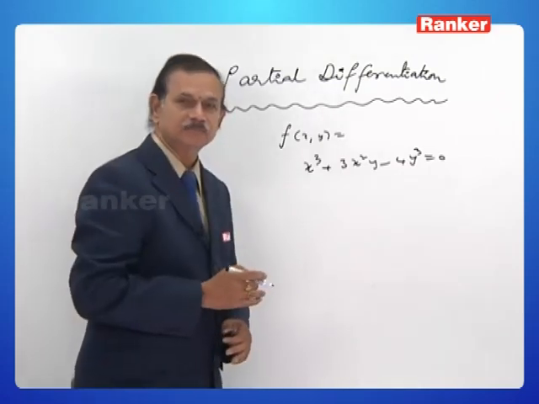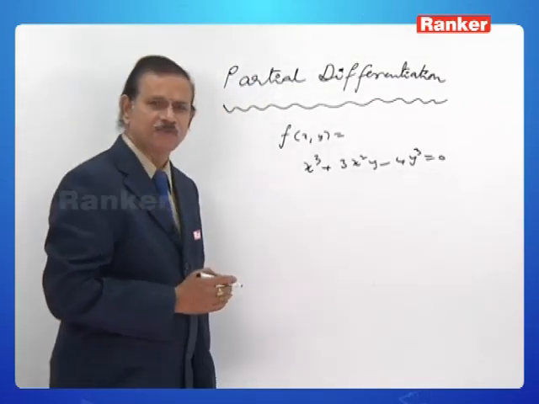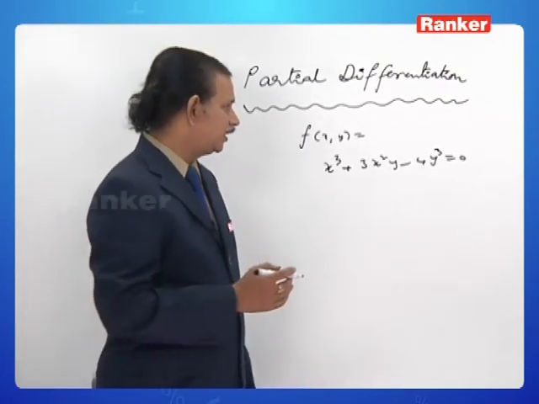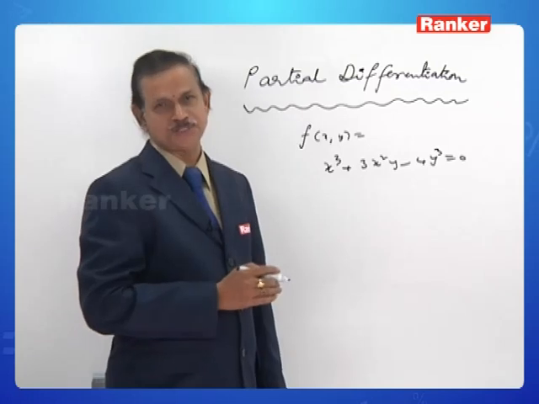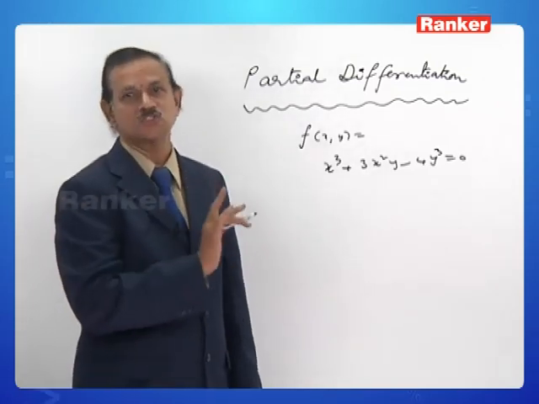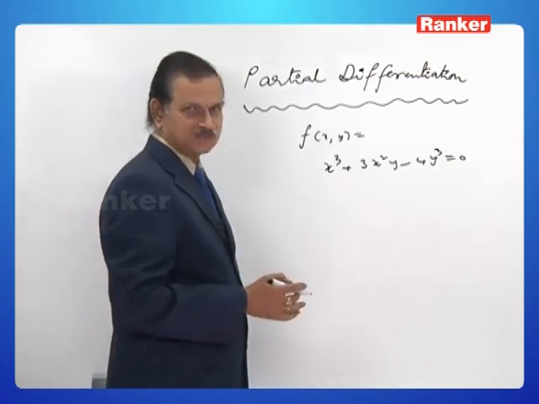like that. See, such things are useful or can be used as and when in the application area; there might be a function of more than 2 variables. Then only such things occur. Okay, we are interested in the process only.